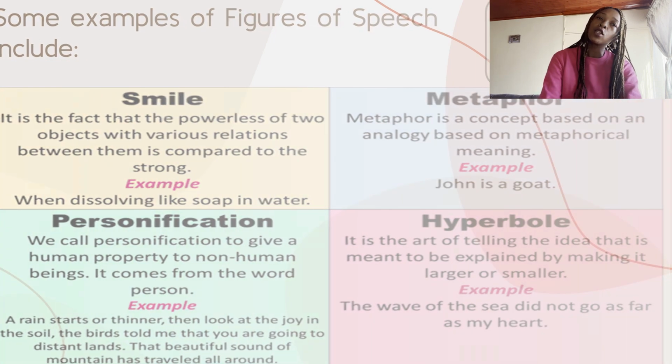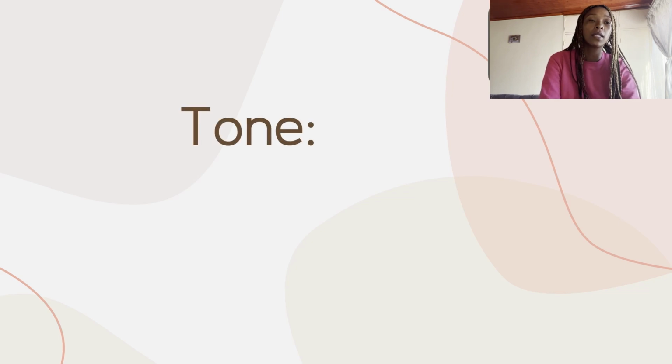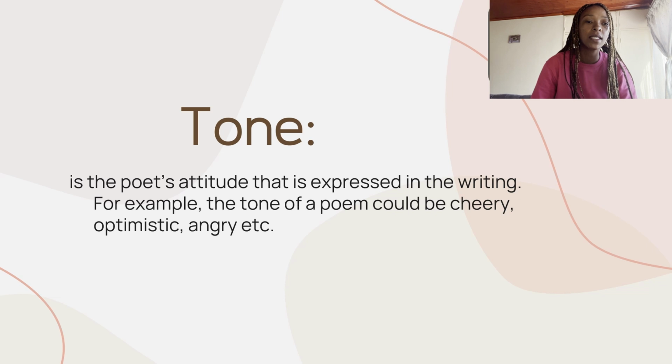We need to focus on the tone of the poem. The tone here, and many confuse tone with mood. So let's just try to understand that the tone here is the attitude that the poet expresses in his writing. So it's coming from the poet's side. For example, the tone of the poem could be happy, it could be optimistic, it could be cheery, it could be angry.